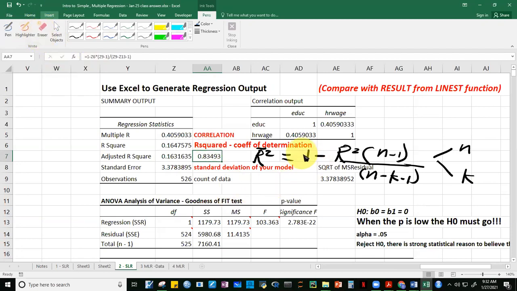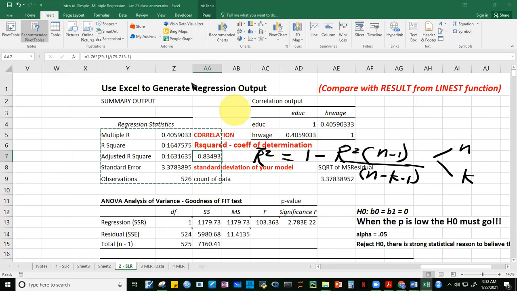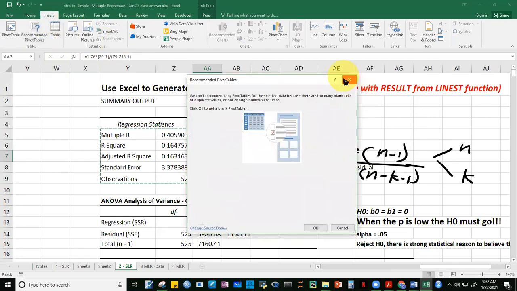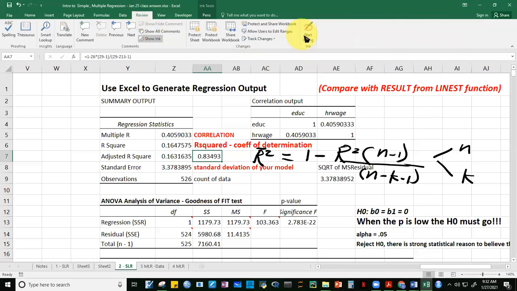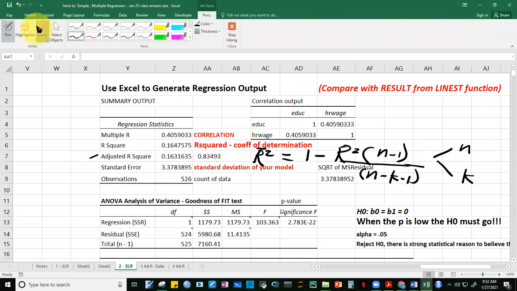It should be, dapat nandito yung minus 1 sa dulo.